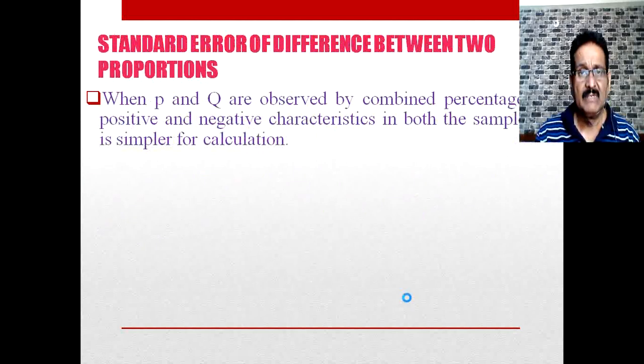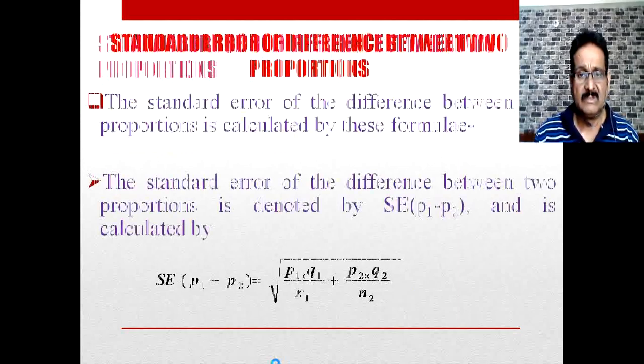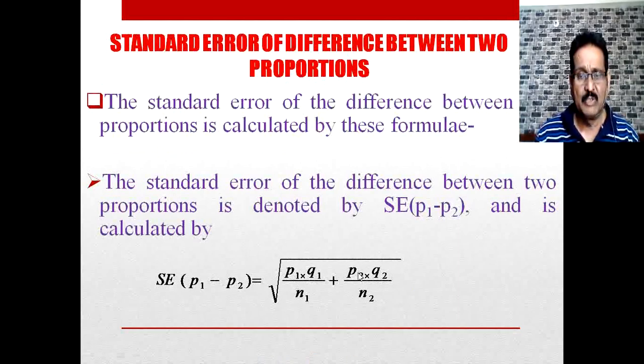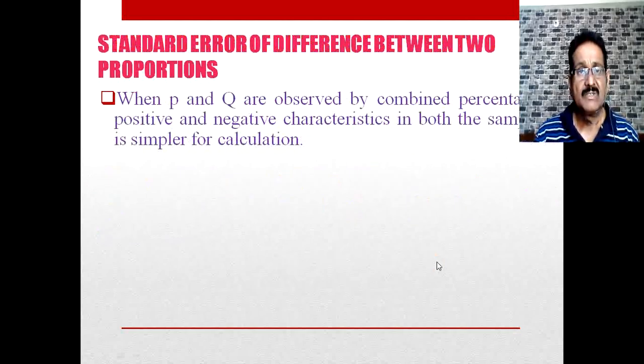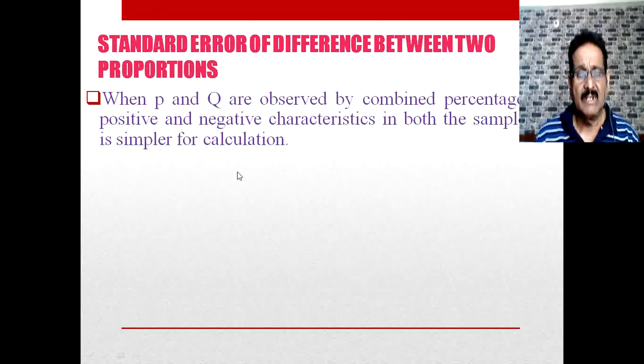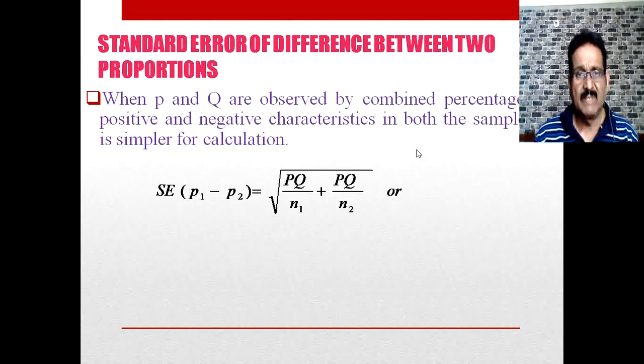Here P1 and P2 are the positive characters of group 1 and group 2, Q1 and Q2 are the negative characters of groups 1 and 2, and N1 and N2 are the sample sizes. Sometimes we can also find P and Q by their combined percentages, which is simpler for calculation.